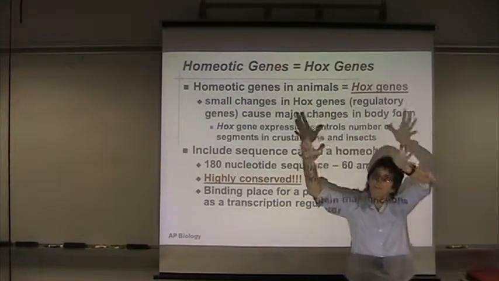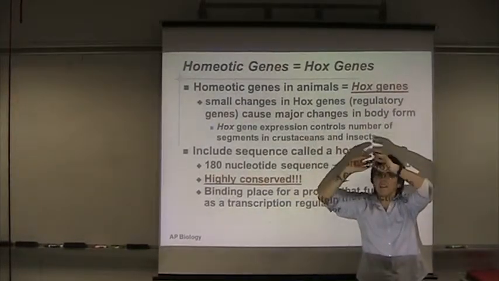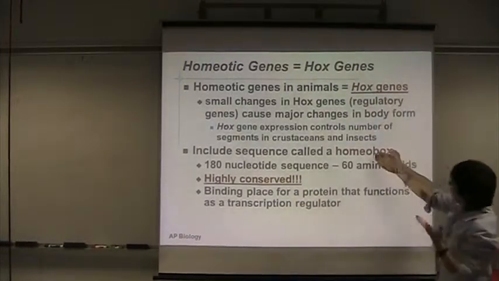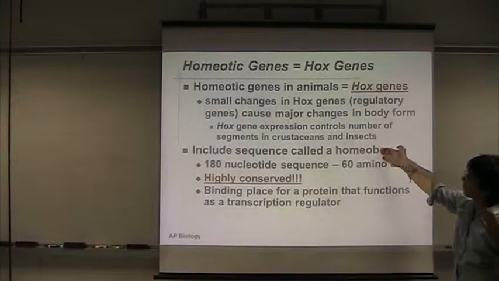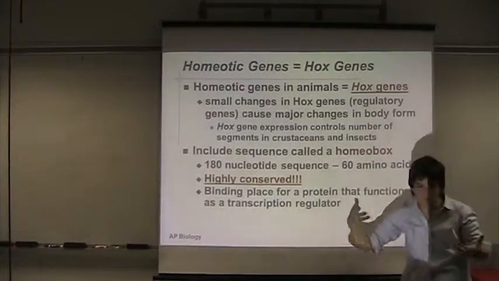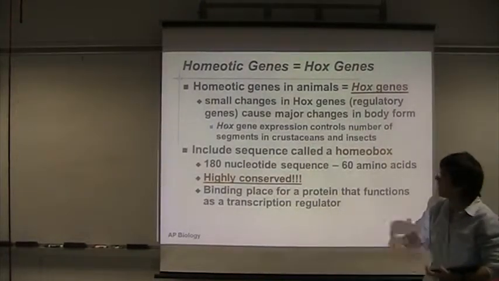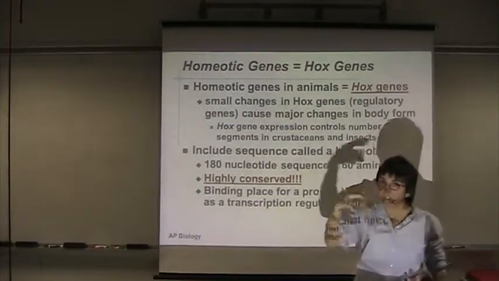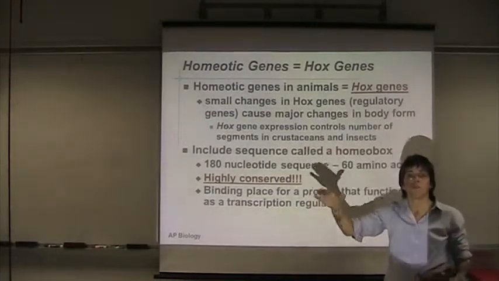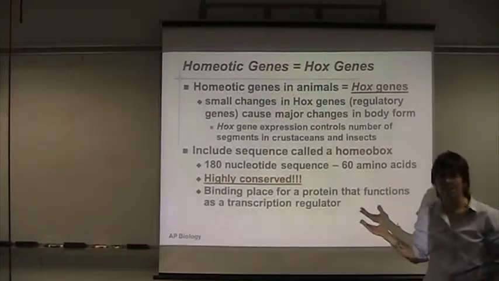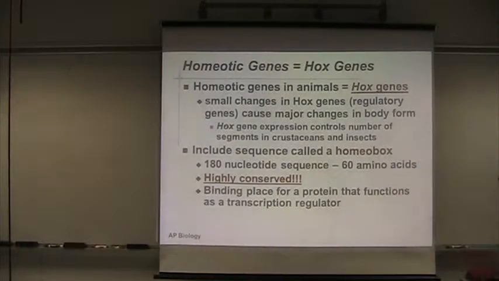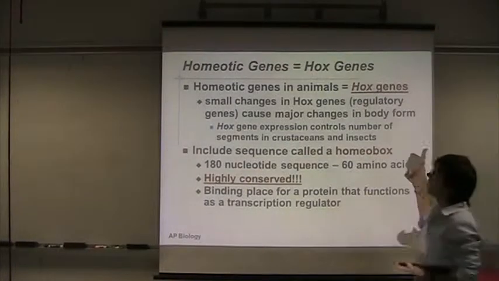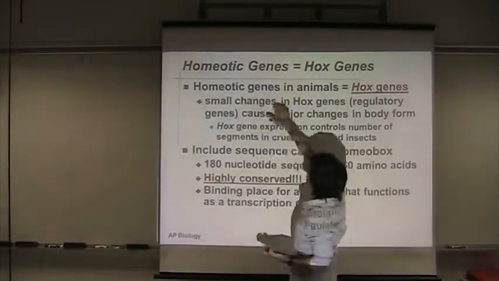In these master regulatory genes, that box is called the homeobox, right here, the homeobox. And again, if you mess around with this little sequence where everything starts, you basically change the whole pattern of behavior. So, master regulatory genes, you're going to see them as homeotic genes.